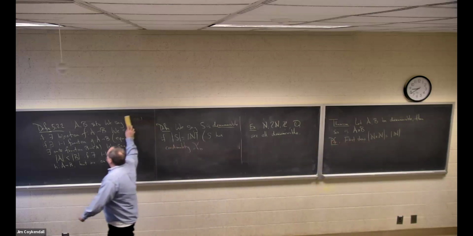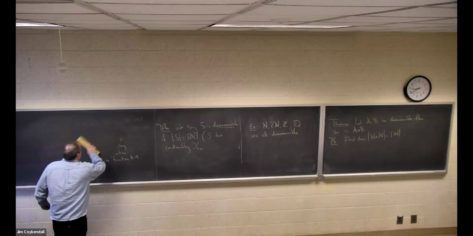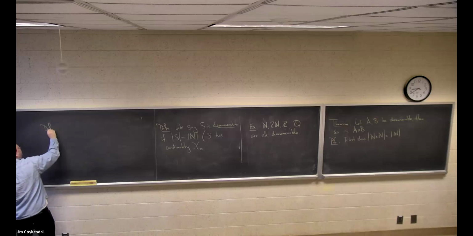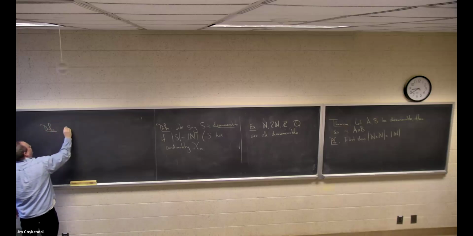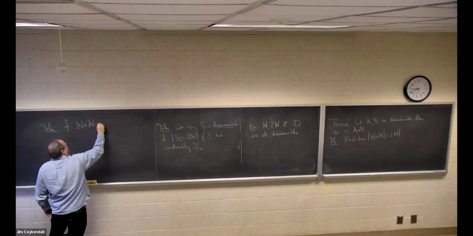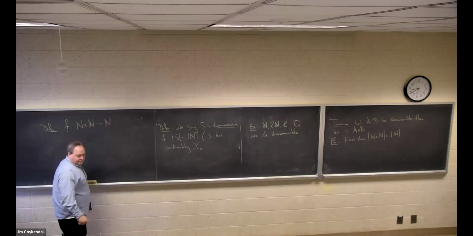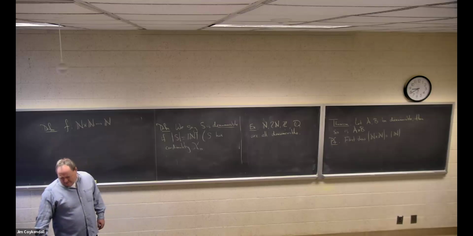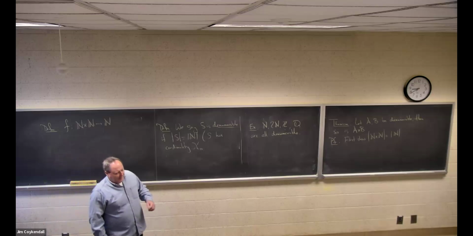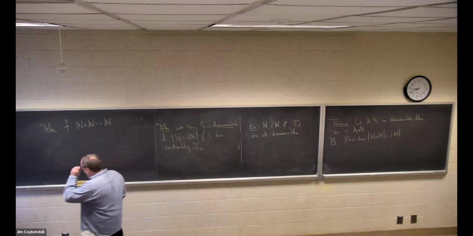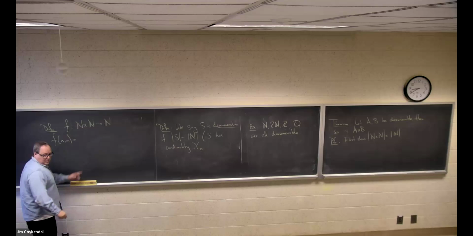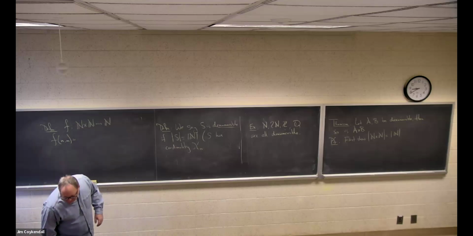I'll first show that N cross N is the same size as N. I'm going to define a function f from N cross N to N, and I'm going to define it this way. My input are two natural numbers, n and m. My output is 2 to the n minus 1 times 2m minus 1.